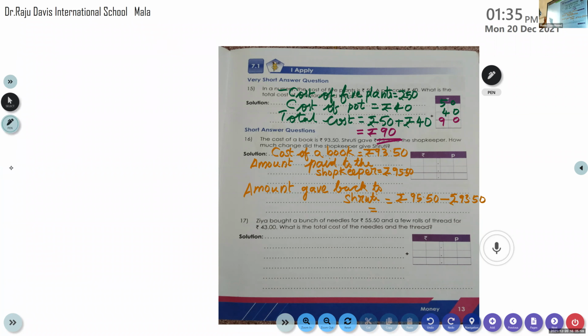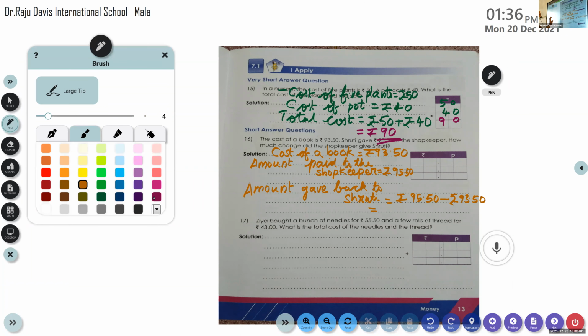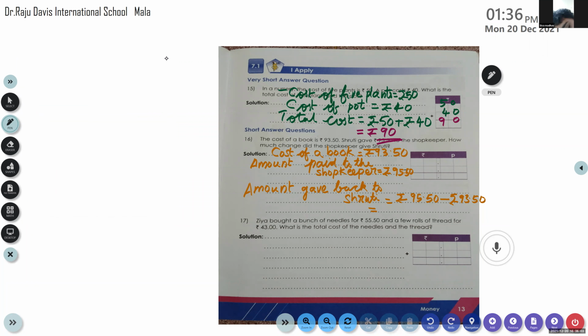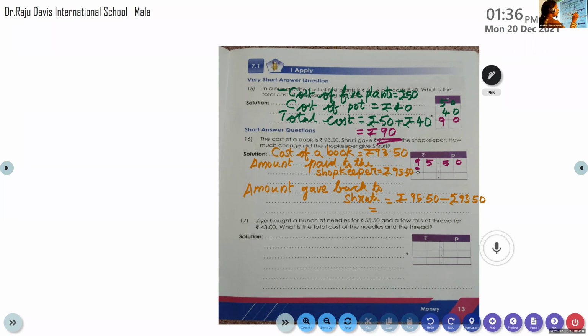So let's write here: 95 rupees 50 paise, 93 rupees 50 paise. So 0 minus 0, 0; 5 minus 5, 0; 5 minus 3, 2; 9 minus 9, 0. So the answer is 2 rupees 0 paise.